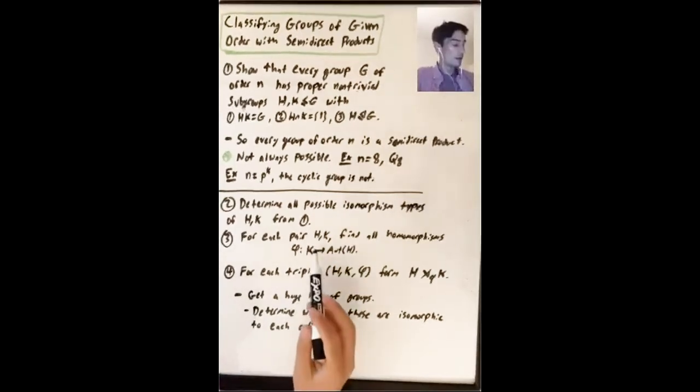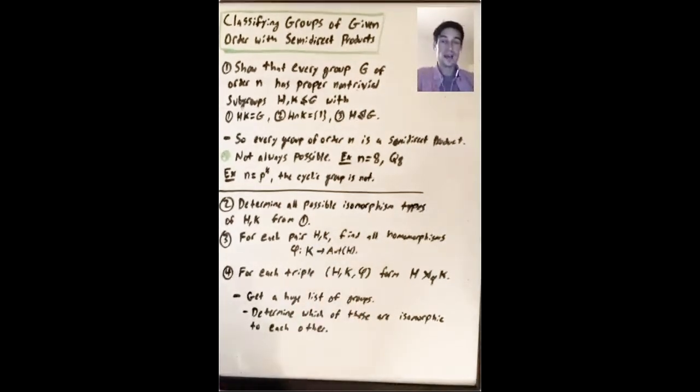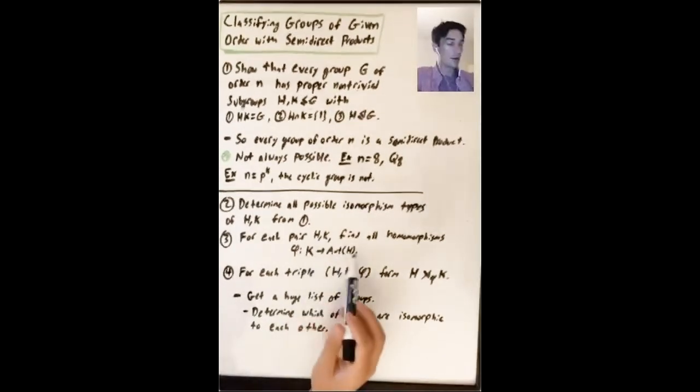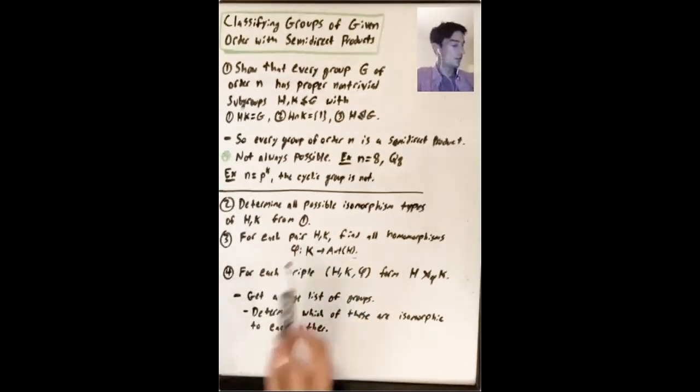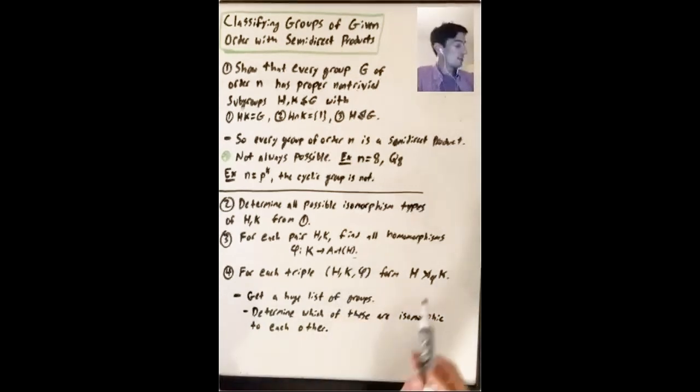Well, a semidirect product is determined not just by the groups H and K, but also by a homomorphism from K to the automorphism group of H. So if we know what H and K are, we can determine what all these possible homomorphisms are. And now, for each one of these triples, H, K, and phi, we can form the semidirect product of H and K with respect to this homomorphism phi.